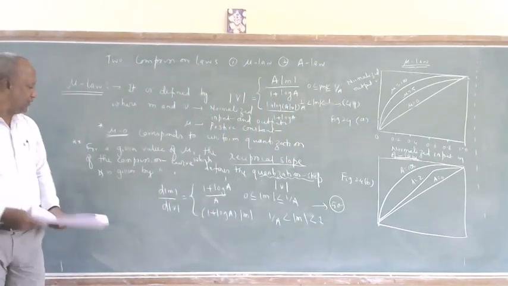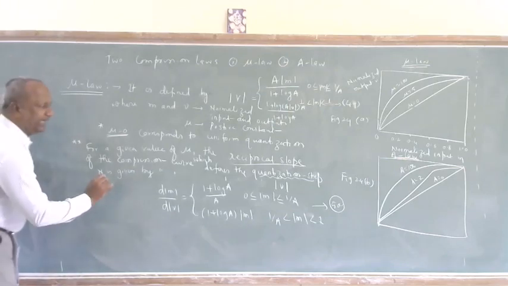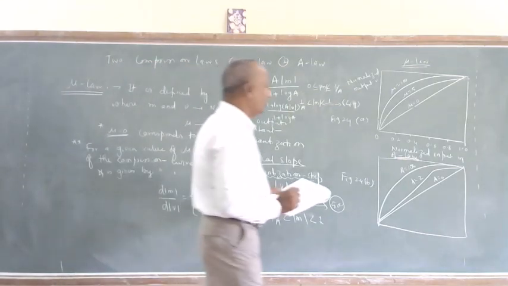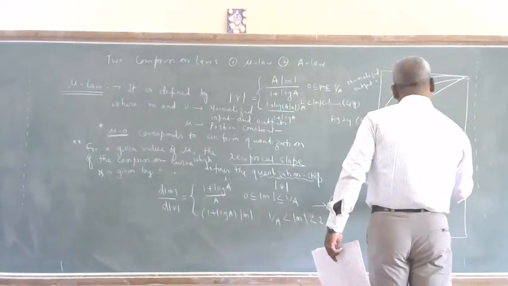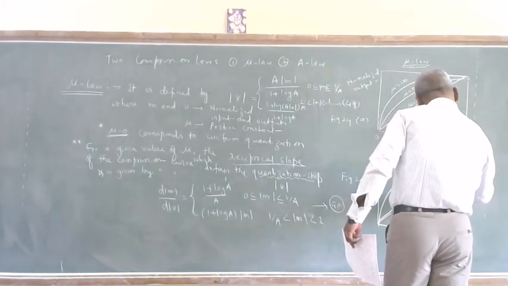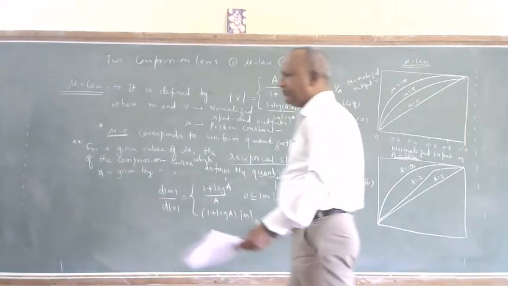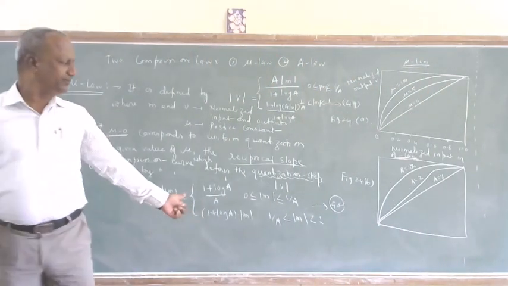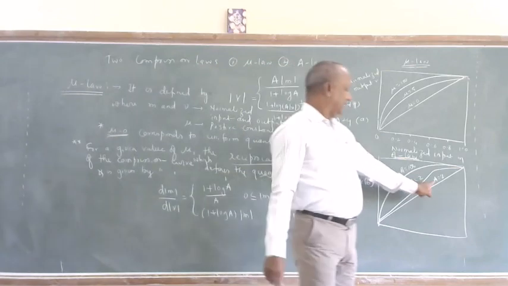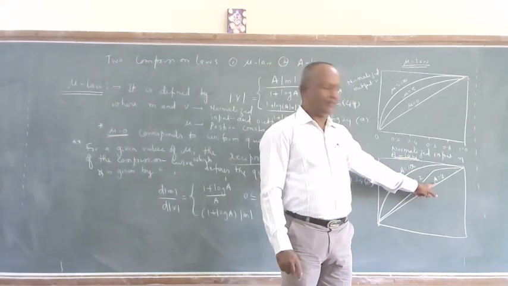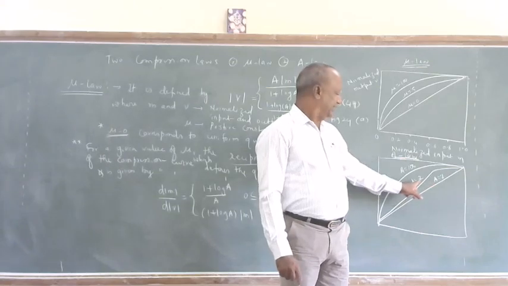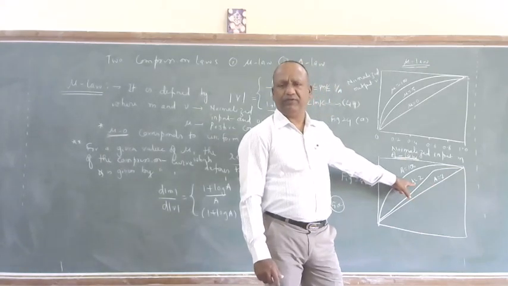Okay, so in this case, when A equals, sorry, A equals to 1, the A law is going to perform uniform quantization. When A is greater than 1, it is going to perform non-uniform quantization.